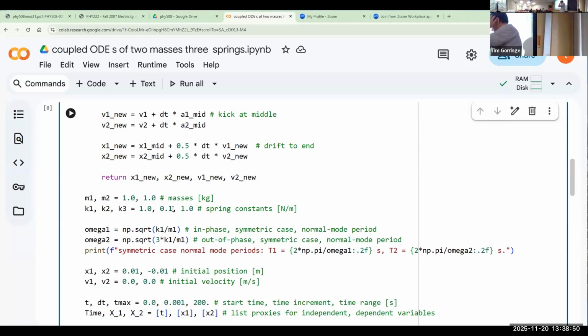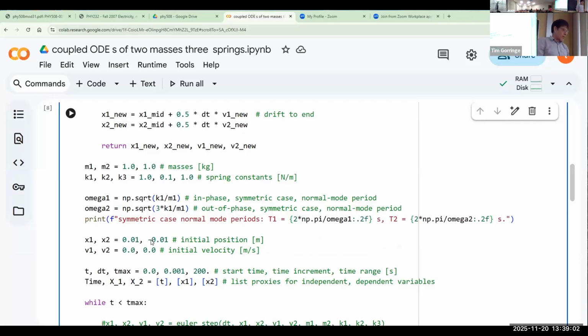It's just a weak strength compared to the springs that are attached to the wall. And let's see what happens if I make that one change. Let's see what happens if I displace the mass on the left, but not the mass on the right.